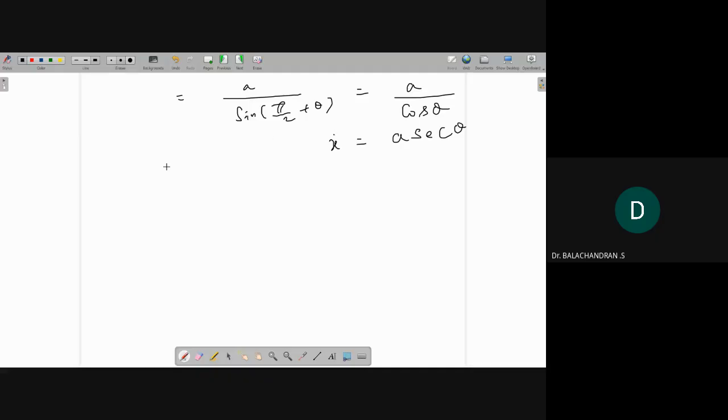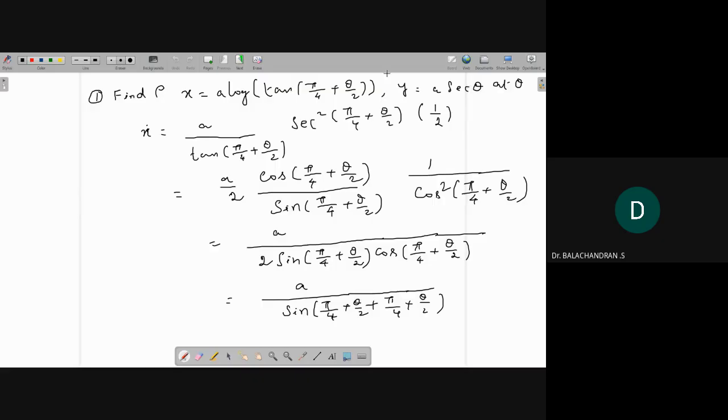Now x double dot. Differentiate again with respect to theta, and we get a into secant theta into tan theta. So what is the second curve? y equal to a secant theta.